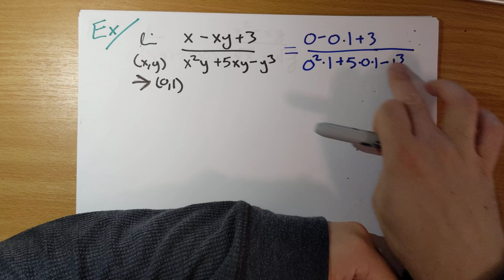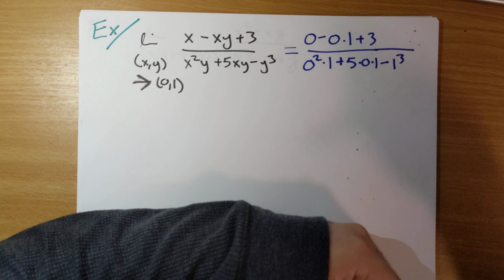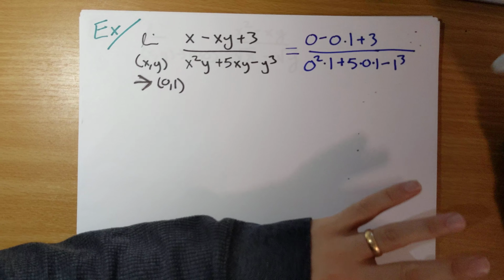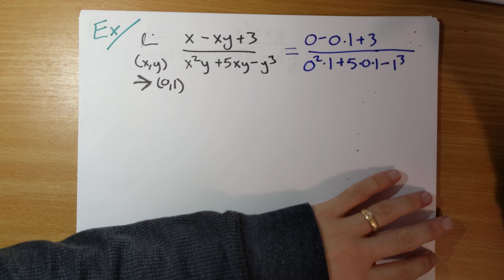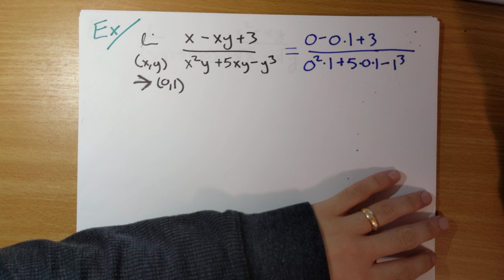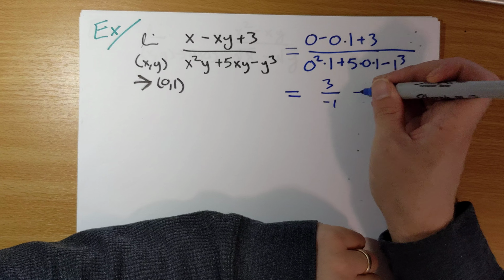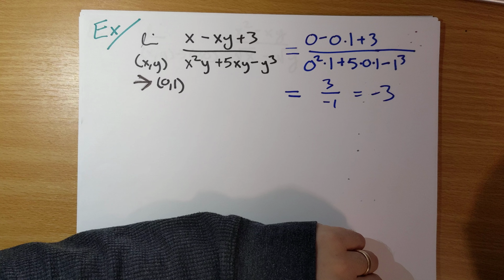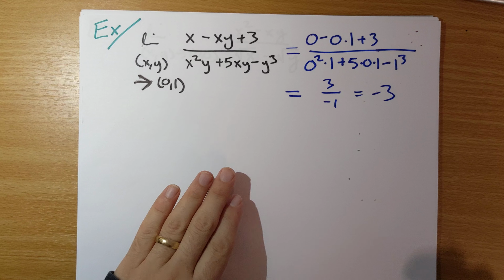Importantly, we're not dividing by 0. If we were dividing by 0, this whole approach is out the window. Wait for the videos later in class to see how to handle that. But in this case, 0 minus 0 plus 3 over 0 plus 0 minus 1, so negative 3 is the limit here.